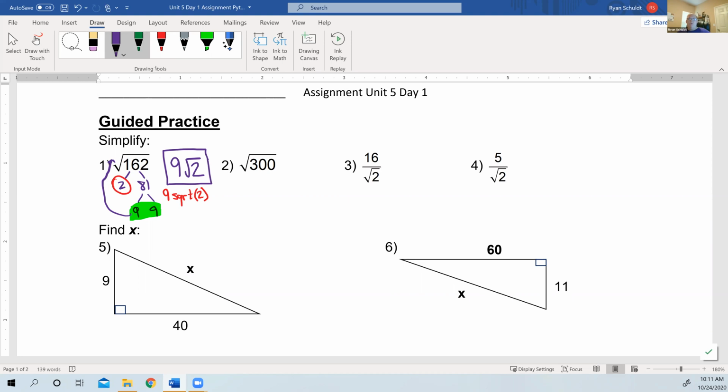Okay, number 2. 3 square root of 300. Well, I recognize that I could say 10 times 30.